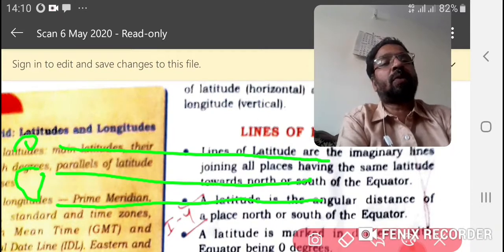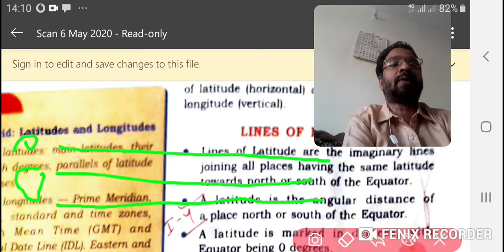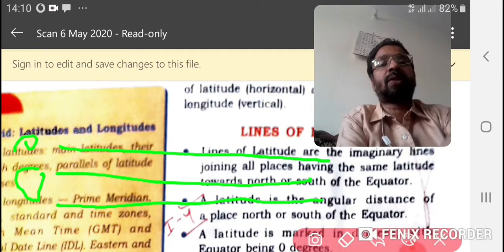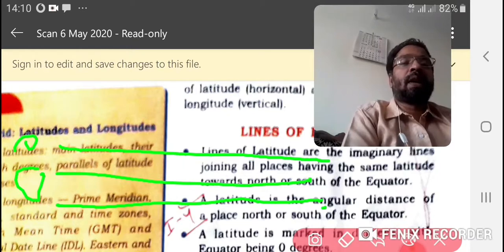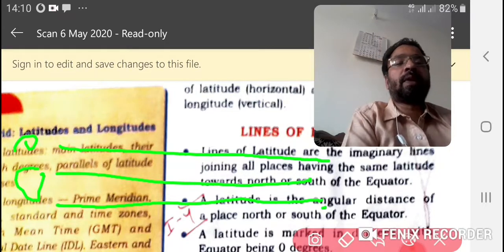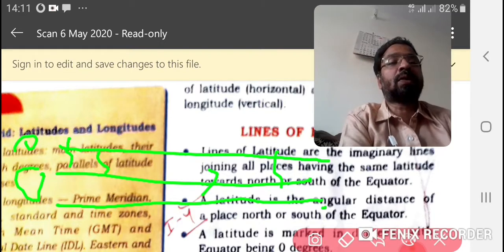Both are imaginary lines joining all the places having the same latitude, the same distance from the basic line, the central line, the equator. And here also the distance is the same.